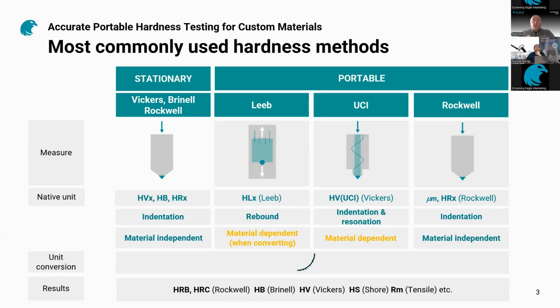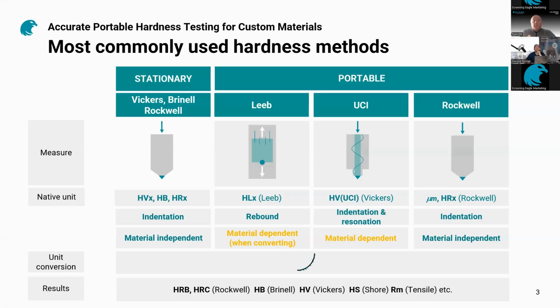However, when we get to the portable instruments, we're measuring different parameters, and we need to account for the materials whenever we do those correlations because the material is responding to those different indentations in different manners. And it's not a linear or direct relationship. In the case of rebound, with the Leeb method, we're measuring the ratio of rebound velocity to the impact velocity. In the case of UCI, we're measuring a frequency shift as we're indenting into the surface.